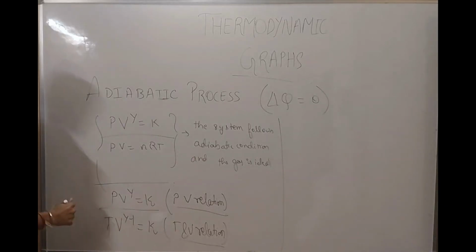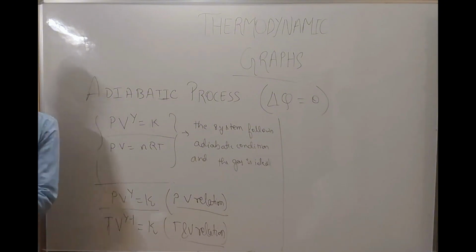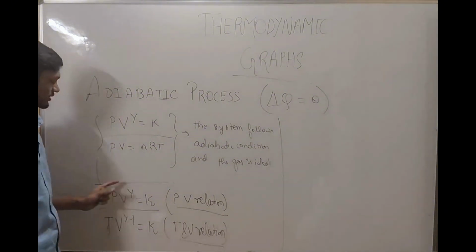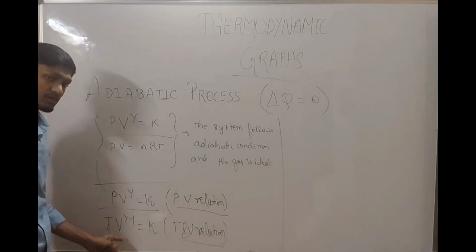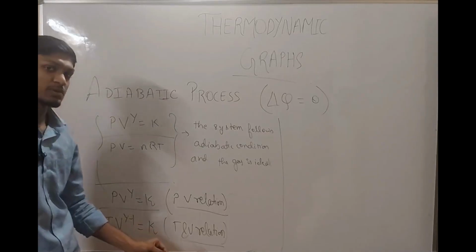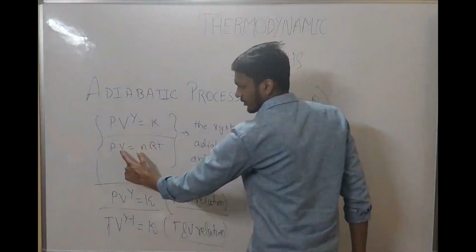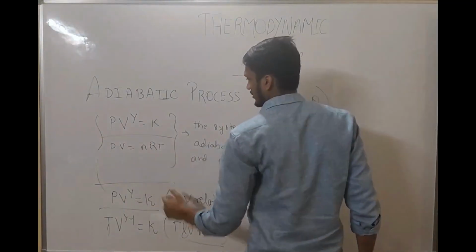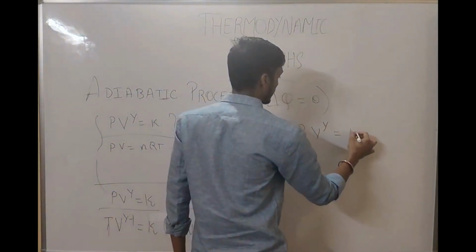Last, we have to derive the relation between pressure and temperature. We have already derived PV and TV, and now we have to derive the relation between PT. So let's replace the volume by nRT by P. PV to the power gamma is constant.